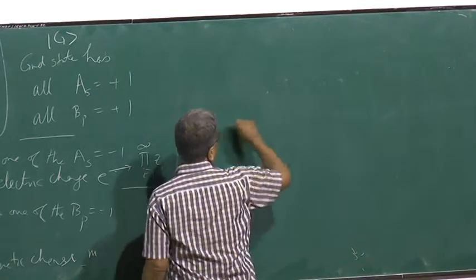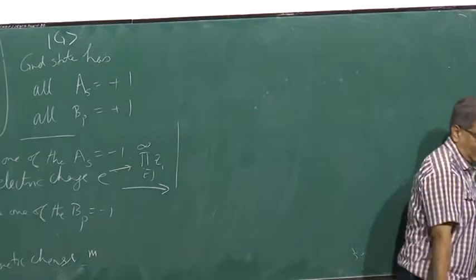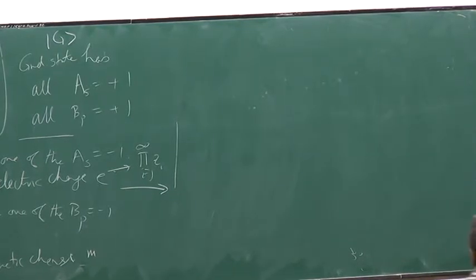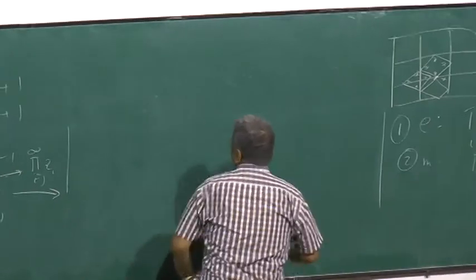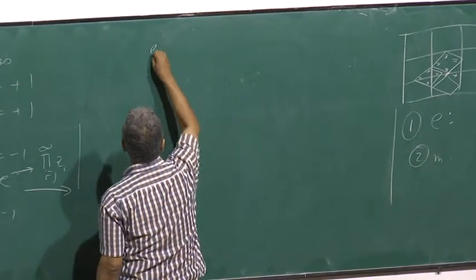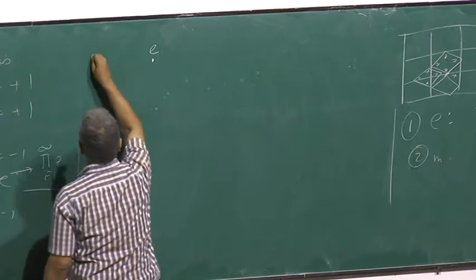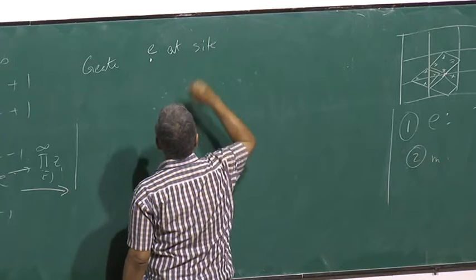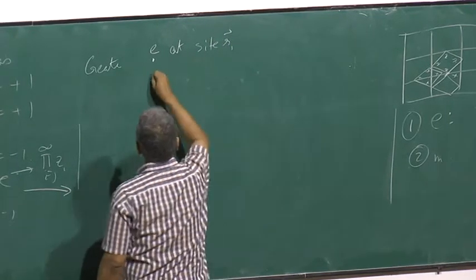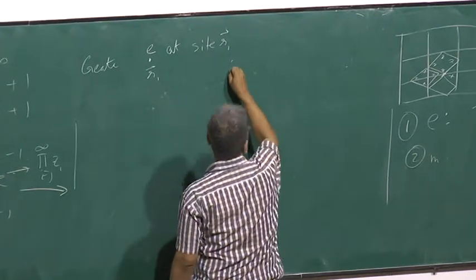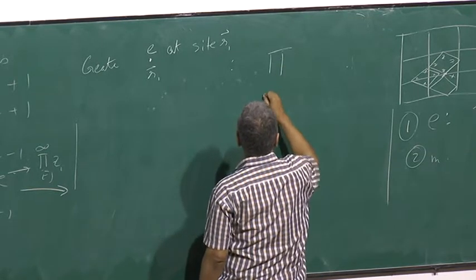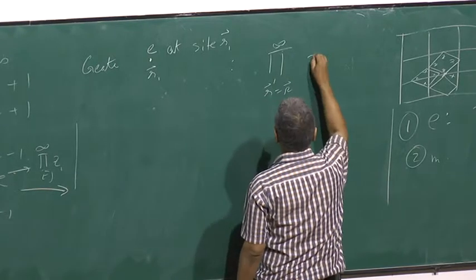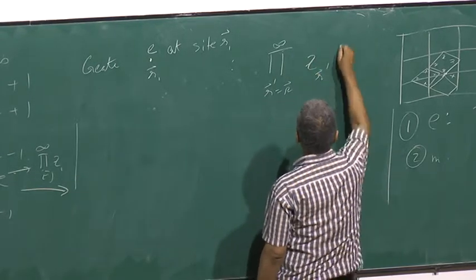Now, let us look at two electric charge particles and see what is the statistics of those two. So, if I want to create an electric charge here, at site, let me call it R1, the way we do that is the product over R prime equals R1 to infinity of Z R prime acting on the ground state.